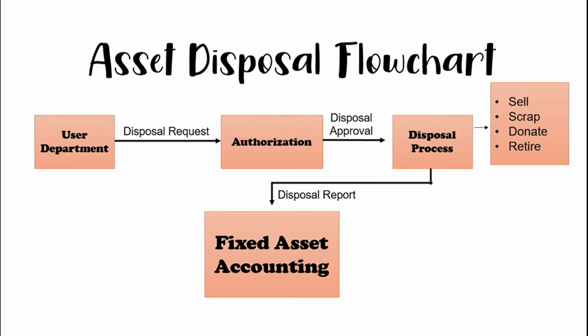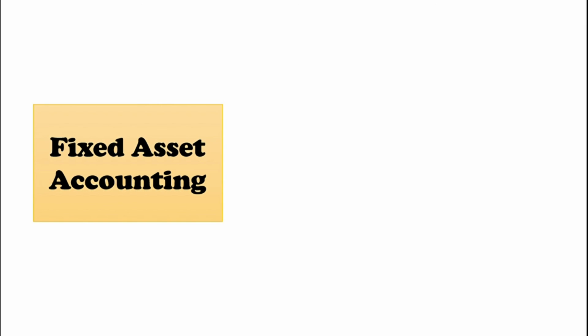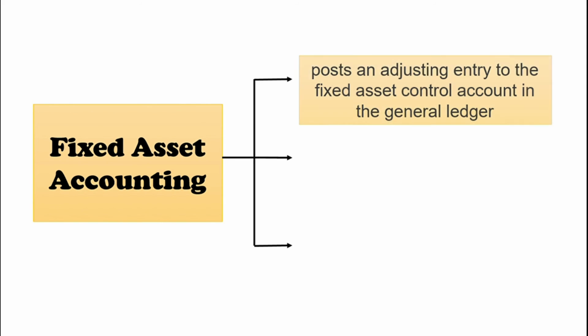The disposal report formally authorizes the fixed asset department to remove from the ledger an asset disposed of by the user department. When the clerk deletes the record from the fixed asset subsidiary ledger, the system automatically, first, posts an adjusting entry to the fixed asset control account in the general ledger.